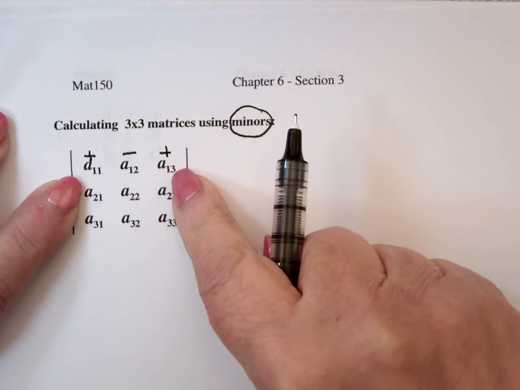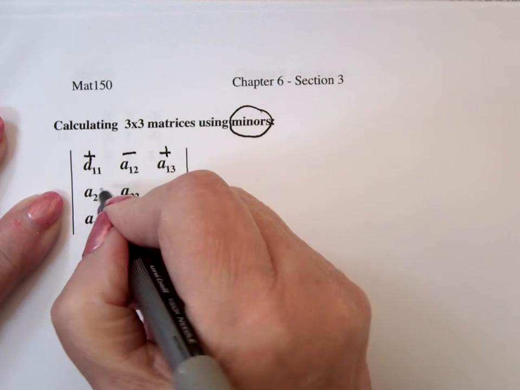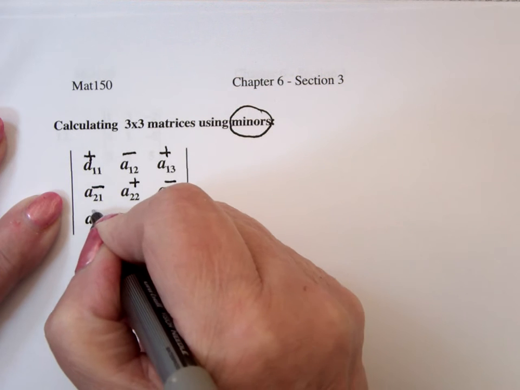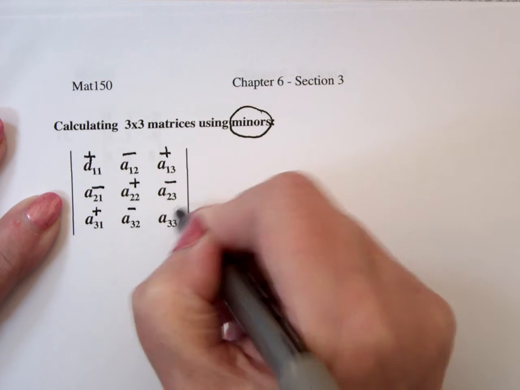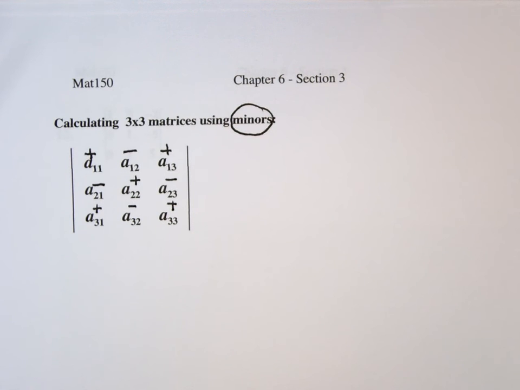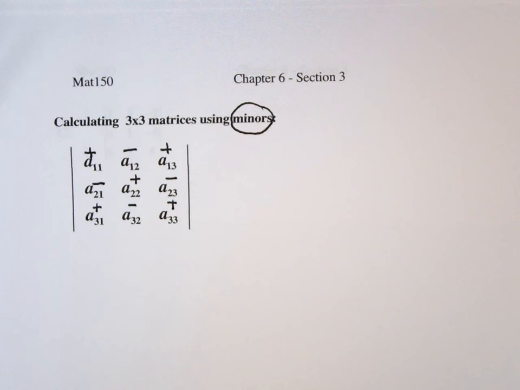Add the minor associated with this element. Subtract, add, subtract, add, subtract, add. You start in the upper left-hand corner, you go through, and it alternates signs. And that tells you, if you're doing a minor, you will add or subtract the minor associated with that element.